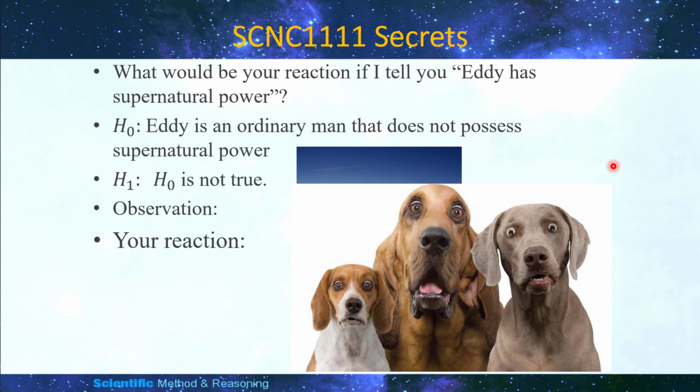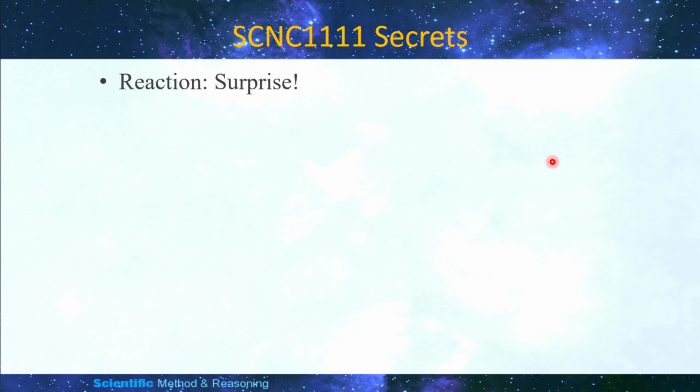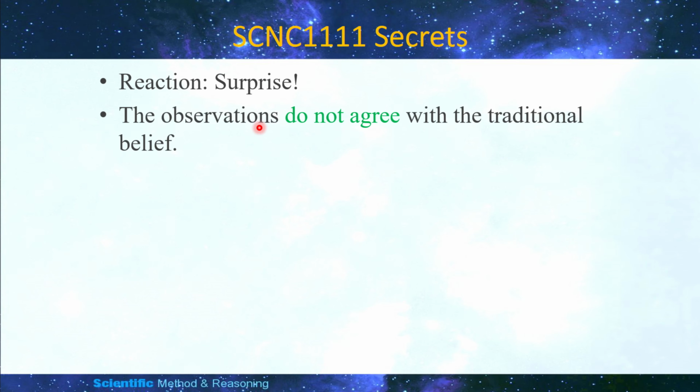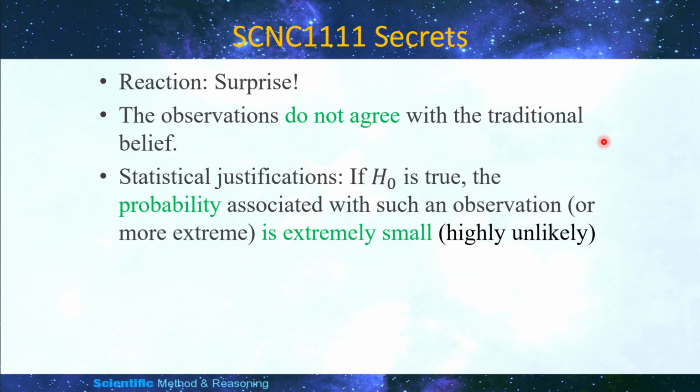...and rounded eyes. Why? You were probably very surprised to see me flying around in the lecture theater or over the campus, because under the null hypothesis that Eddie is an ordinary man, the observation that Eddie can fly is impossible; the observations do not agree with the traditional belief.